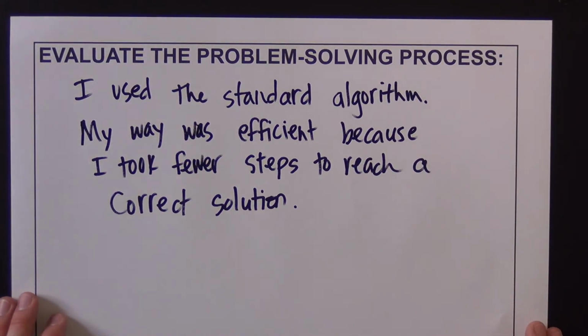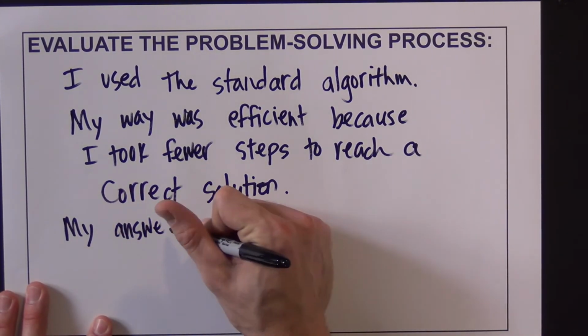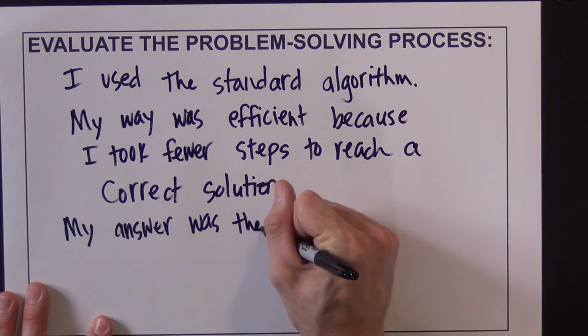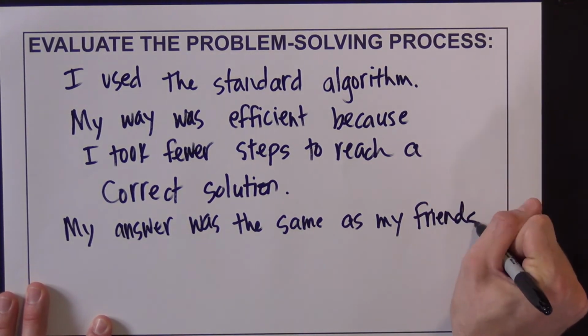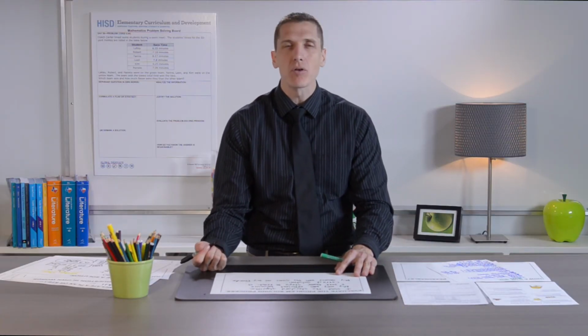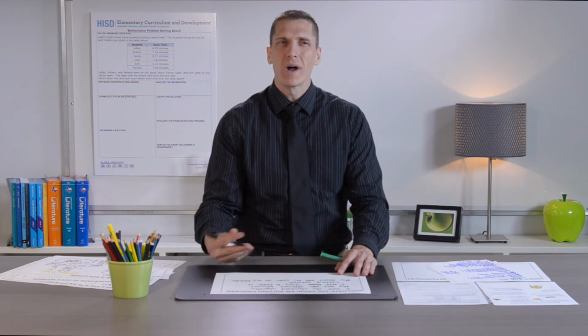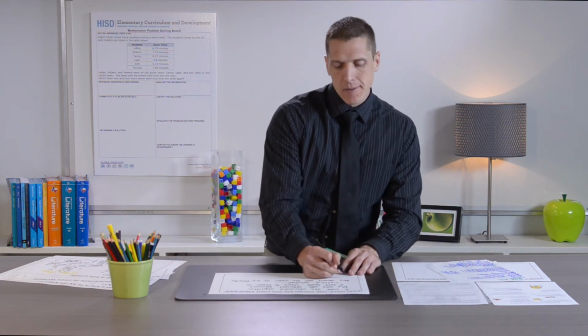How does my work compare to the work of others? My answer was the same as my friends, but is that evaluating the process? Not really. What else can I say here about how my work with the standard algorithm compares to my friends?